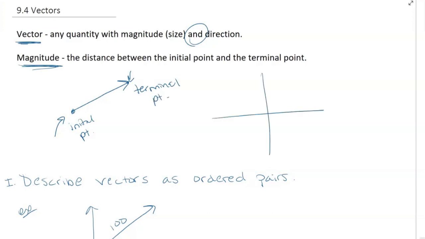And then if we actually put that on a coordinate plane, which is what we're going to do today, you'll have to identify this is the initial point and the tip of the arrow here as your terminal point. Okay? And that's how we're going to be able to find both magnitude and direction.